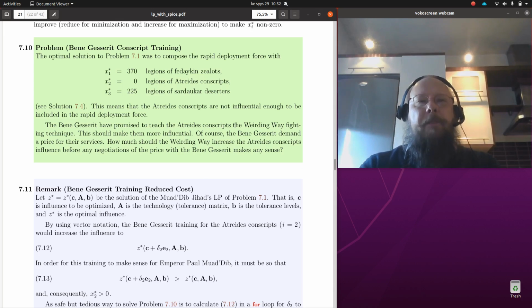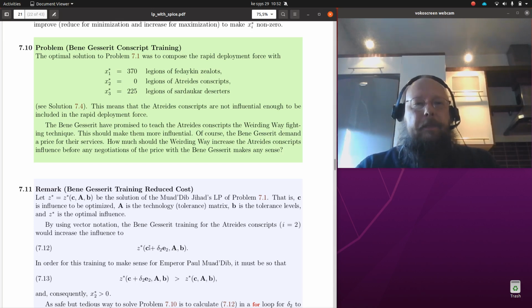If we make a deal with the Bene Gesserit and they teach the Weirding Way to the Atreides conscripts, then what changes is that we have a new optimal influence, Z star, where this A and B are the same. A's were the resentments of the planets related to the different troops. B's were the tolerance of resentment in these planets. We assume that they are unchanged. Whether this is realistic or not, that's a good question.